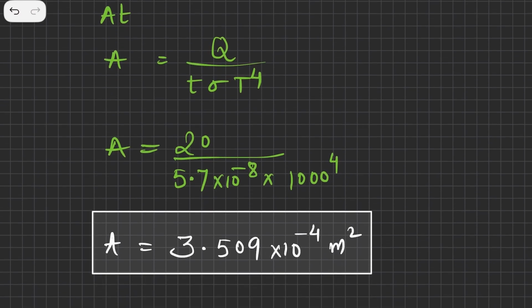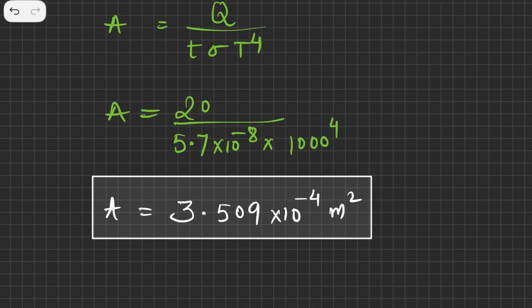Now here the power value is given. That means this Q by T value is 20. Sigma is 5.7 times 10 raised to minus 8. And T is 1000 raised to 4. Yes, definitely had this 5.7 been in the numerator, we could have done it much more easily, but you should not fear numbers.